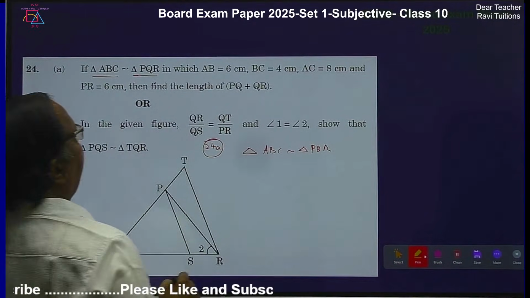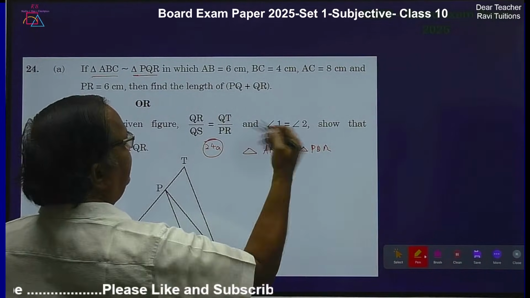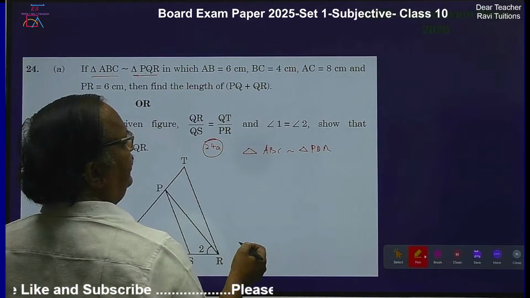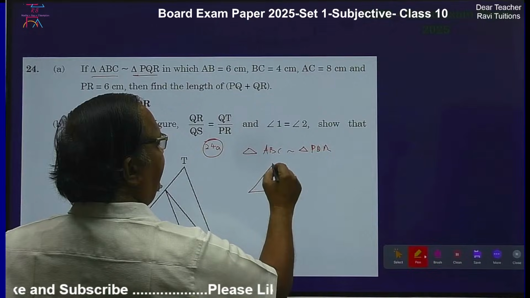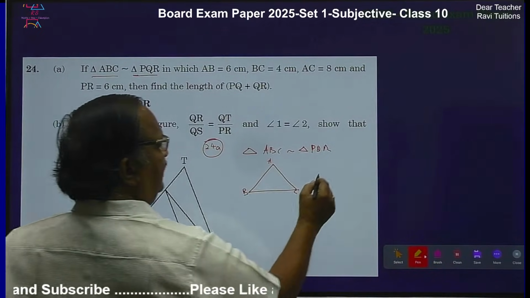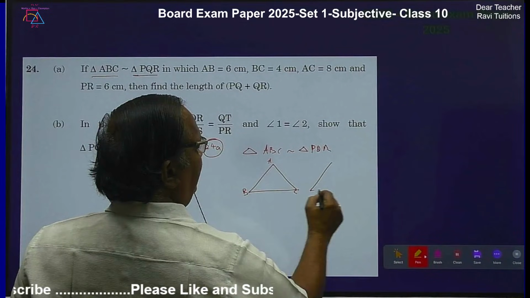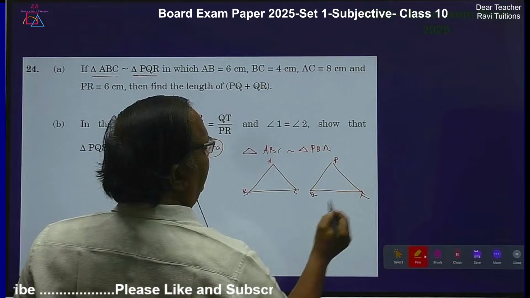Okay. So I can draw the diagram, or without drawing the diagram also I can do it. So let me draw the diagram. It gives a very clear idea. A, B, C, P, Q, R.